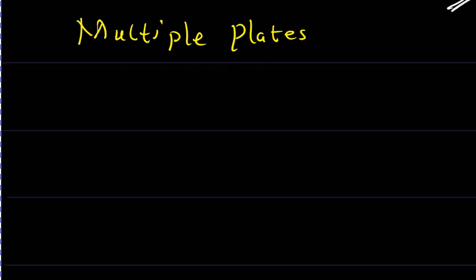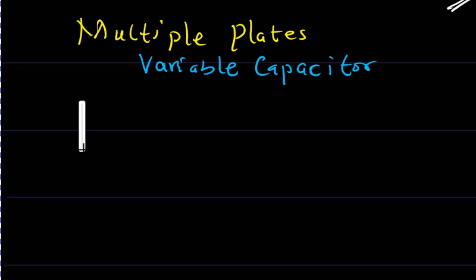Basically, they use this for a variable capacitor, in which the area of the plate is being varied to change the capacitance. So what we are looking at is a situation where you have evenly spaced capacitors.